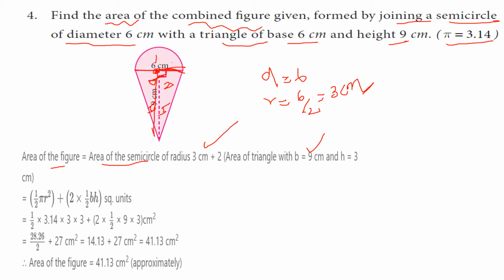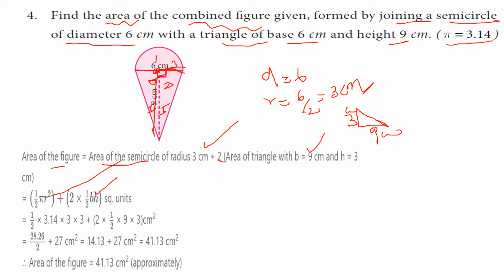So height also 3 centimeter. And base 9 centimeter. So formula, area of the semicircle half into pi r squared plus area of a triangle half into BH. Here two triangles, so write it 2 into 1 by 2 BH.